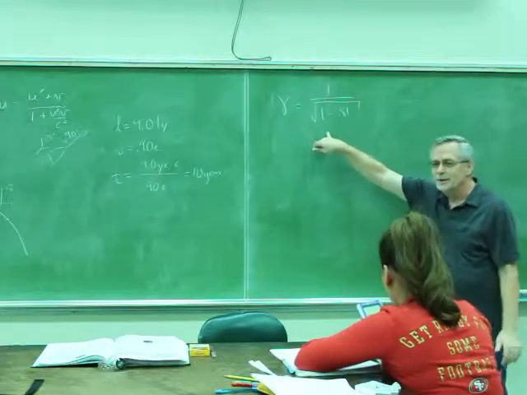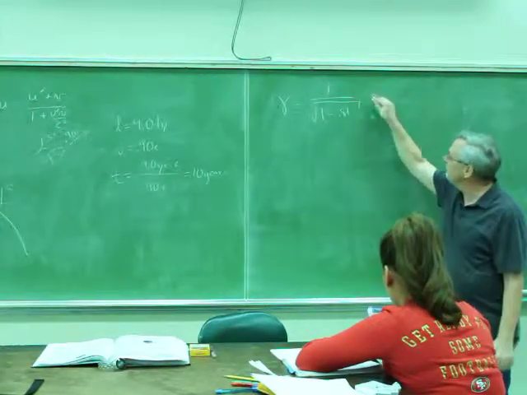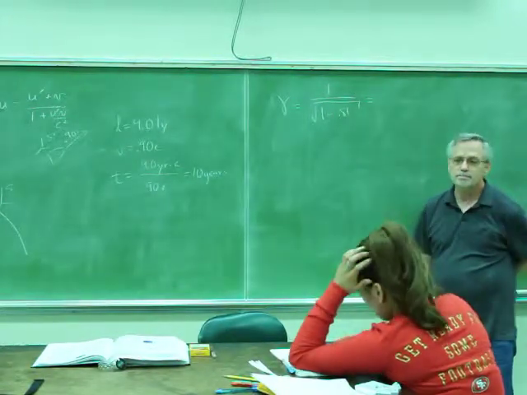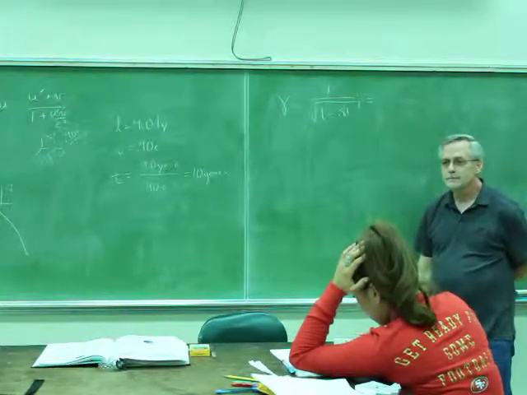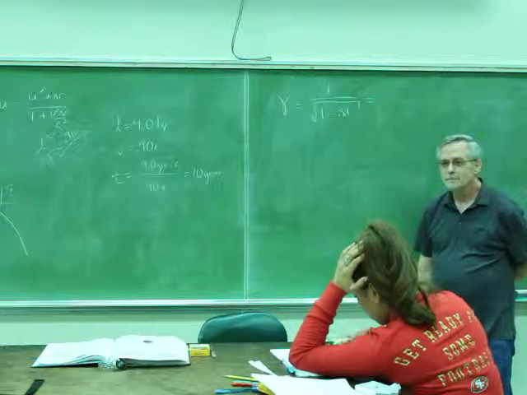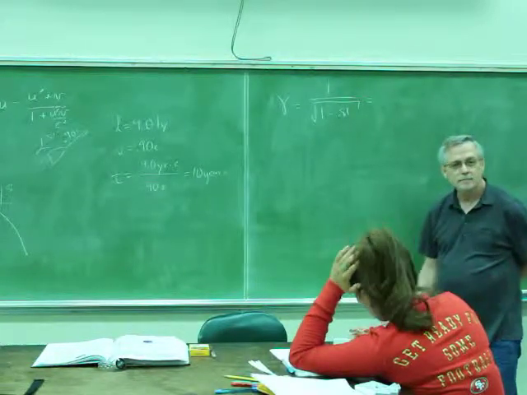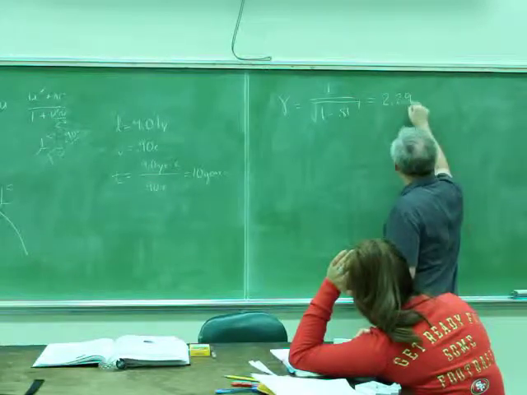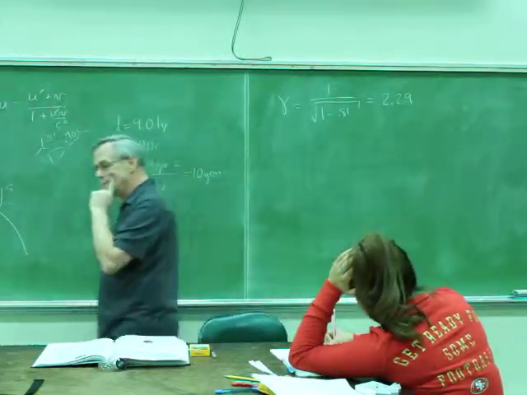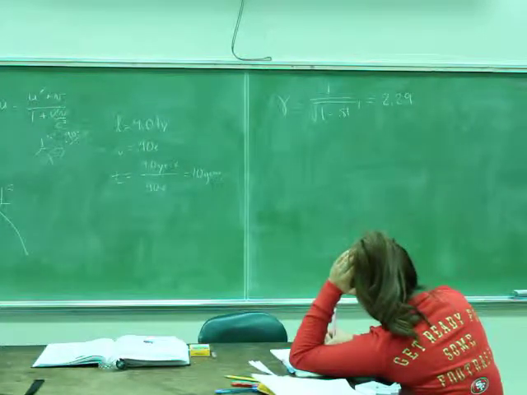All right, so what do you get for gamma when you plug in numbers? First question, does that pass the believability test?